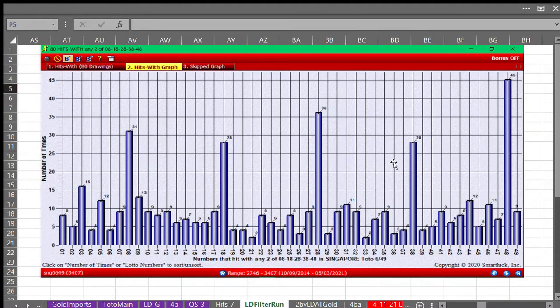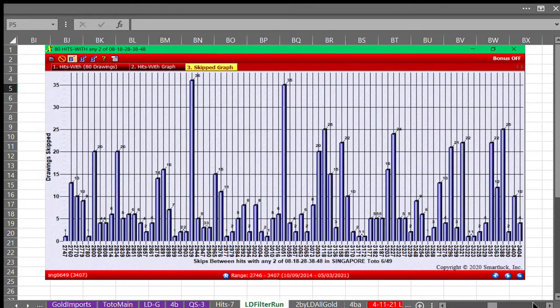Now the skip graph is really the meat and potatoes, where it shows you how long you might have to wait. So when you click on number 3, the skip graph here, that brings you over here, and so this tells you how long you'll have to wait.